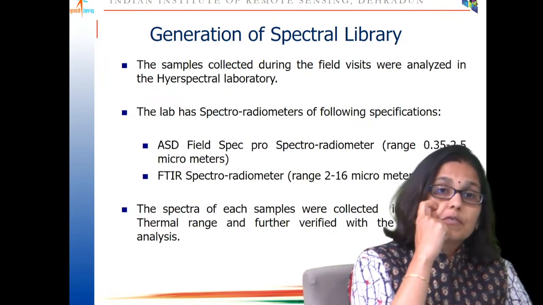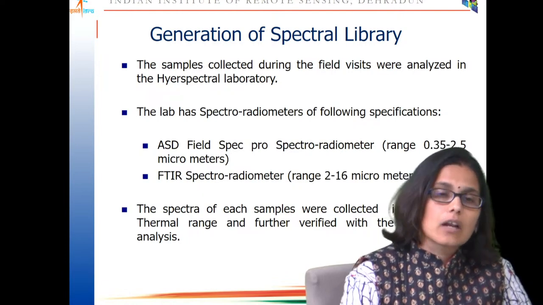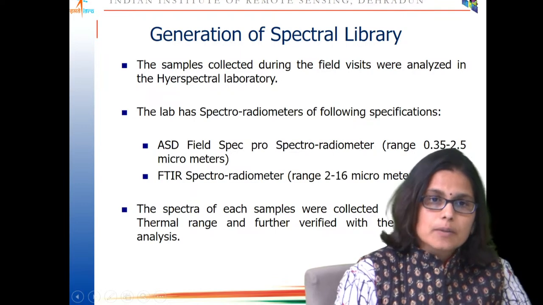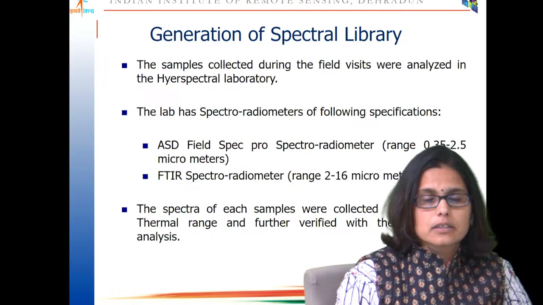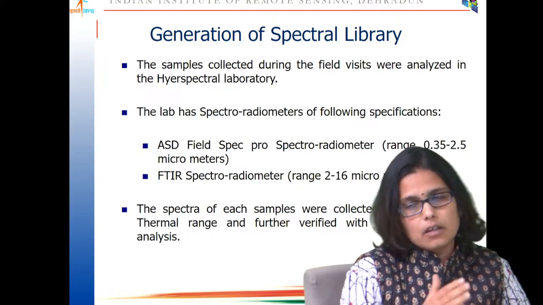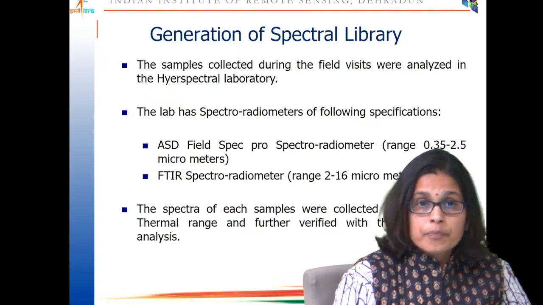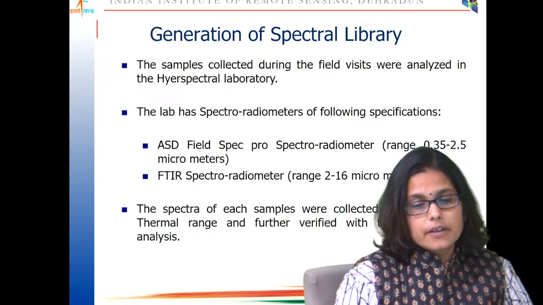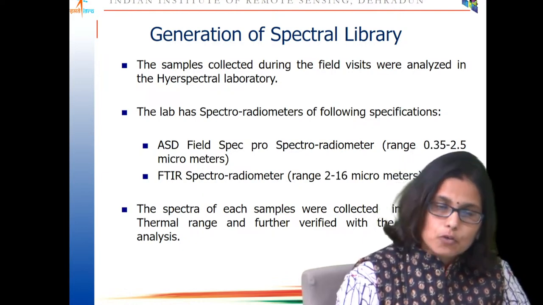The ASD FieldSpec Pro and High-Res operate in the range of 0.35 to 2.5 micrometers, whereas the FTIR spectroradiometer goes into the thermal range, captures the emissivity of the data, and its range is from 2 to 16 micrometers.